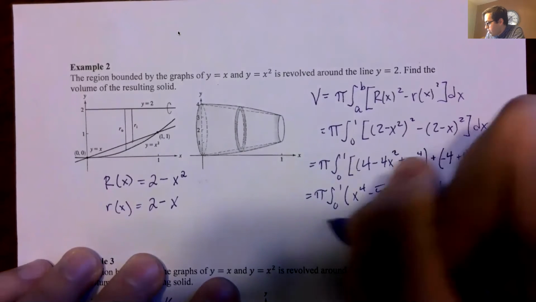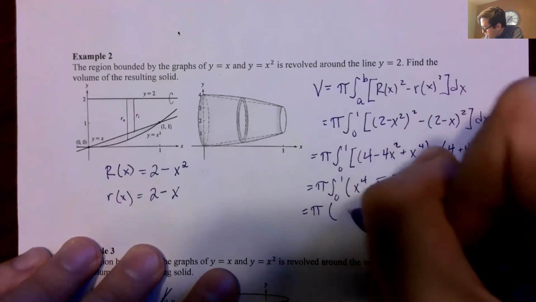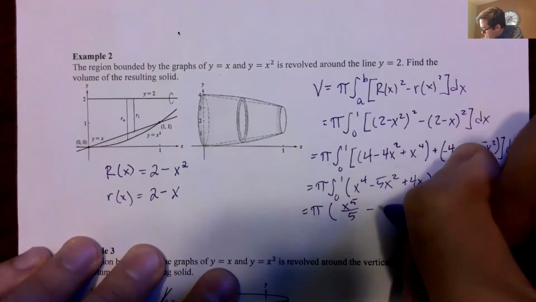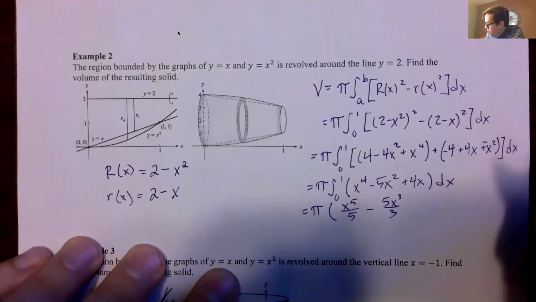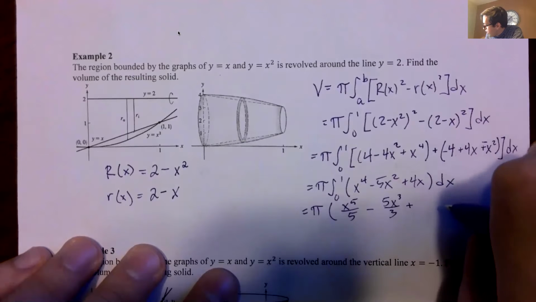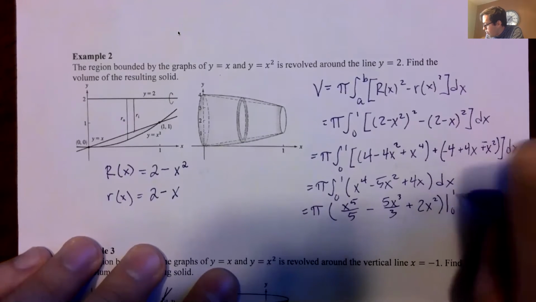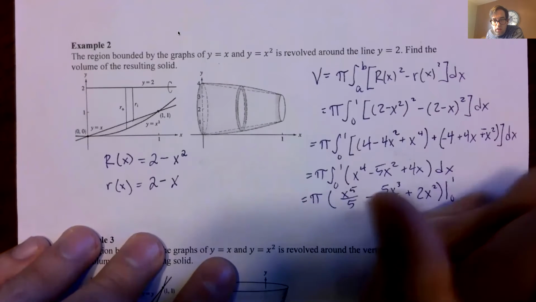All right, now we can integrate. And we get pi times x to the fifth over 5 minus 5x cubed over 3 plus 4x squared over 2, which becomes 2x squared, evaluated from 0 to 1. So when I plug in 0, I'm going to get all zeros.